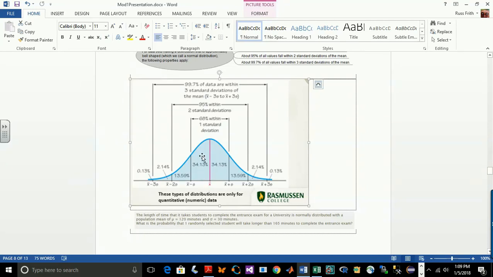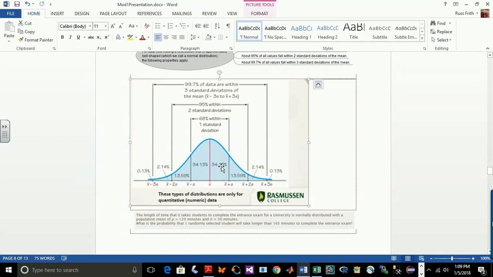In a normally distributed data set, 68% of all data fall within x bar minus sigma to x bar plus sigma. That means 68% of the values of the data set will fall in this range. Then 95% of the values will fall within two standard deviations right here, and 99.7% of the data will fall within three standard deviations.